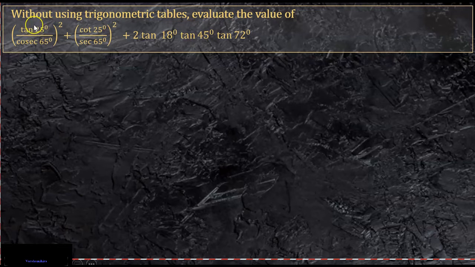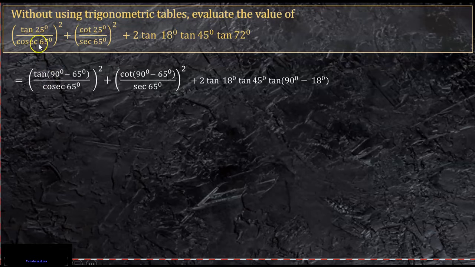But if you look into these two, you will find a relationship: tan(90 minus theta) equals cot theta. Here 25 we can write as 90 minus 65. Here 72 degree can be written as 90 minus 18 degree. So we have already defined the relationship between these two. Let's start.